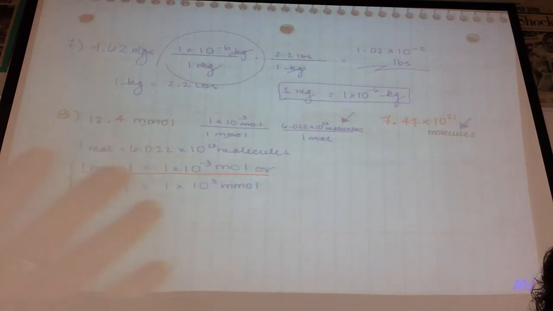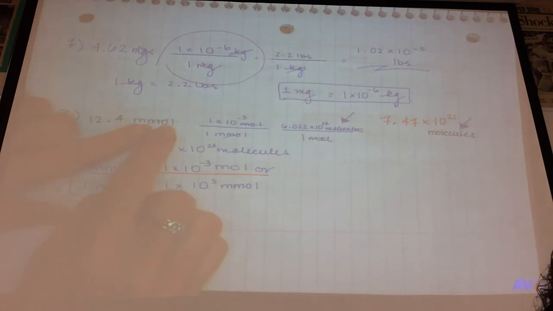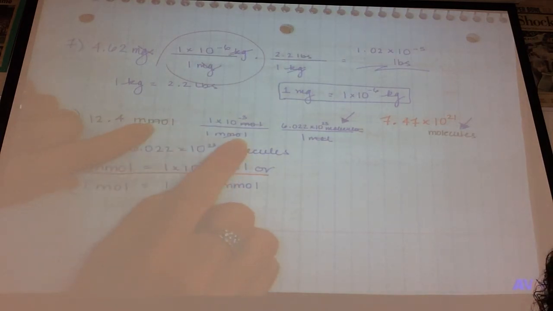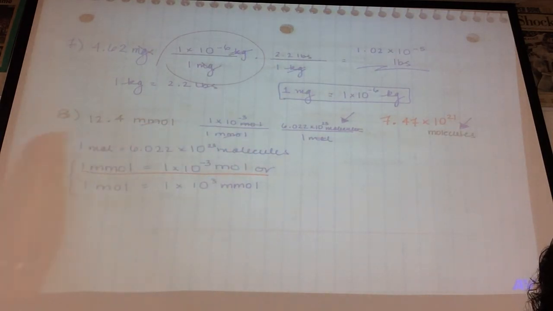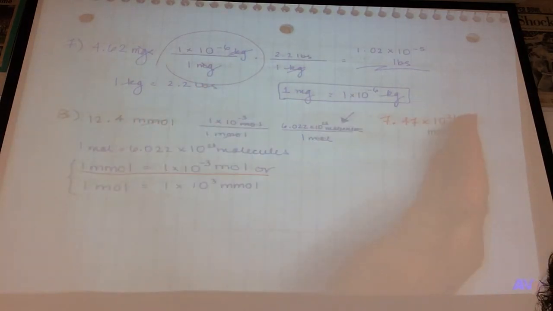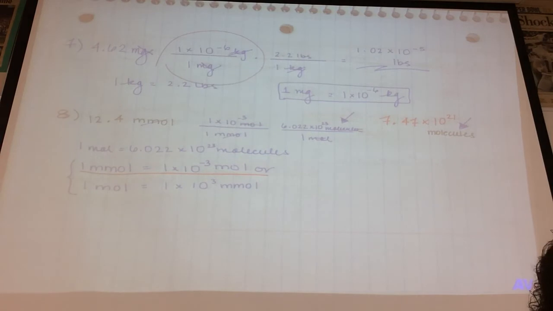So what you've seen here is the factor label method. Let your units drive your problem. If you don't have an equality that's going to get you from the given to the unknown, you may need to make your own. On your quiz, I'll probably tell you when you need to make your own equality for right now, just to give you a little more confidence.